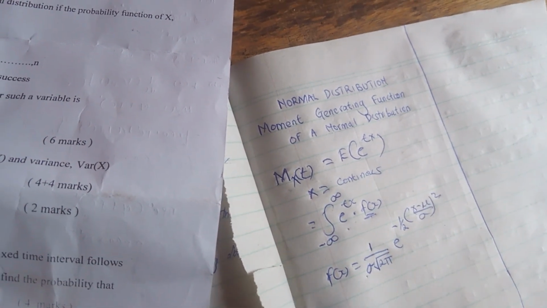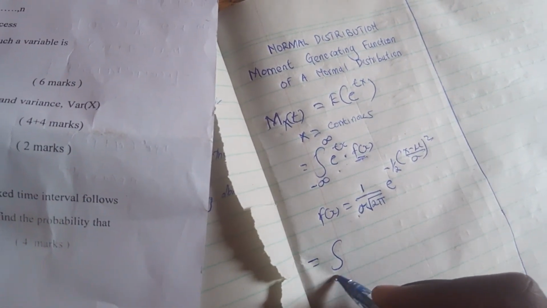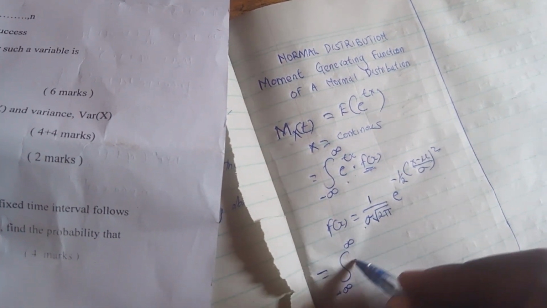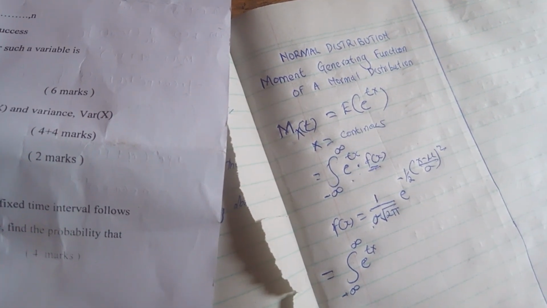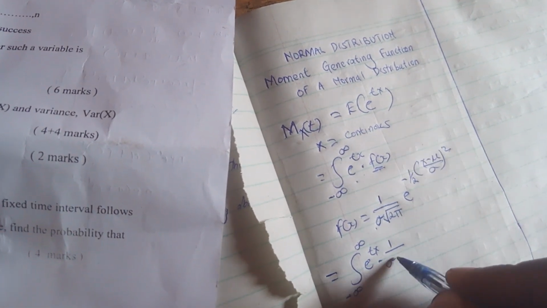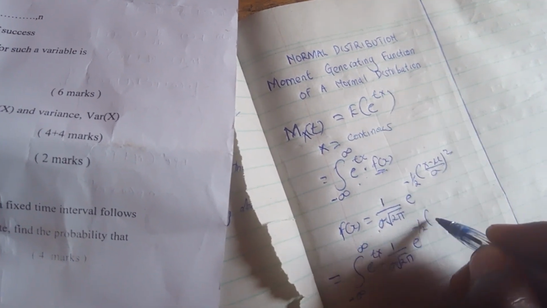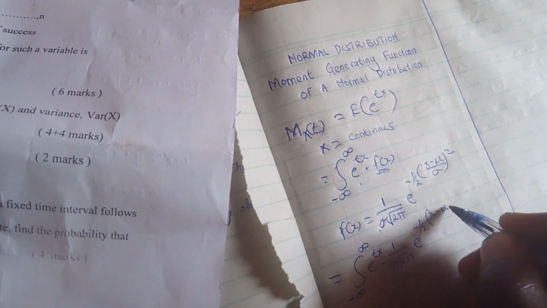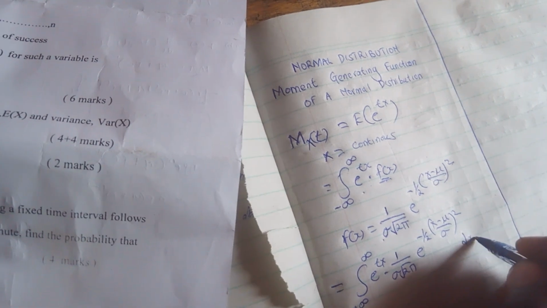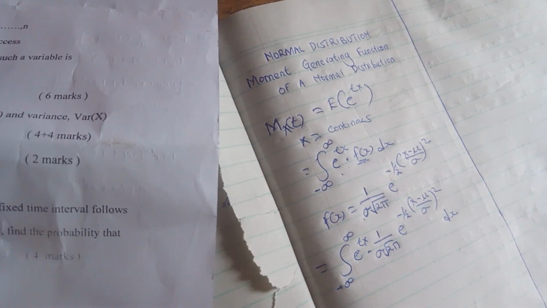Since it's continuous, we will say the integral from negative infinity to positive infinity of exponential tx, multiplied by 1 over sigma root 2 pi, exponential negative half into (x minus mu over sigma) squared, dx. Here it was also supposed to be dx. Are we getting that?